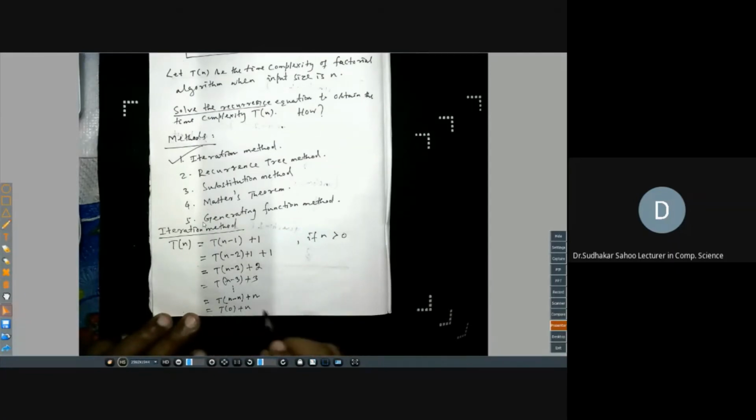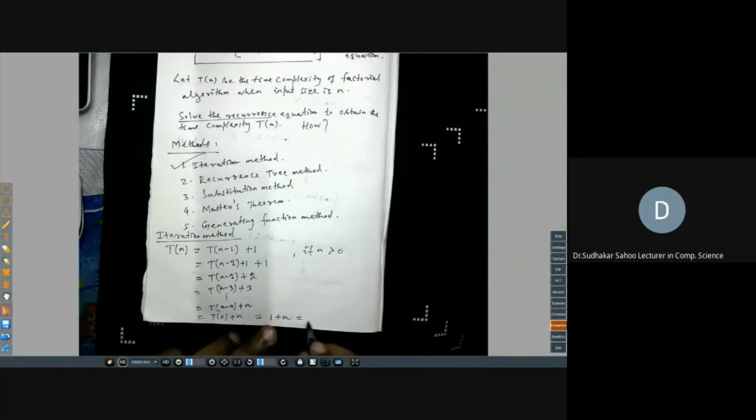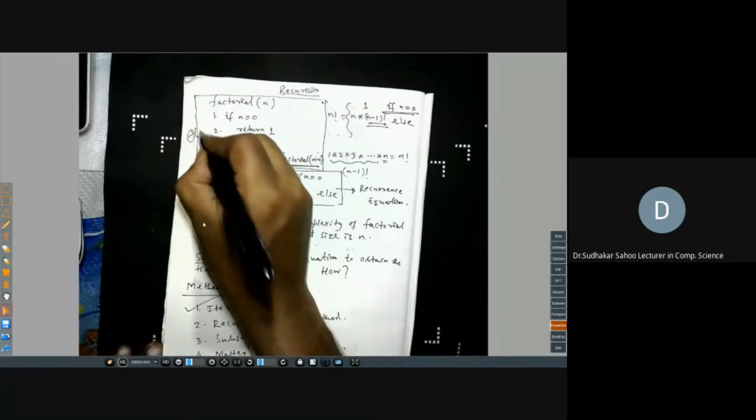And we know that T(0) is given. So T(0) is 1. So this is 1 + n. And we know this will be theta of, it's a polynomial of degree 1, so theta of n. So the time complexity of this algorithm is theta of n.